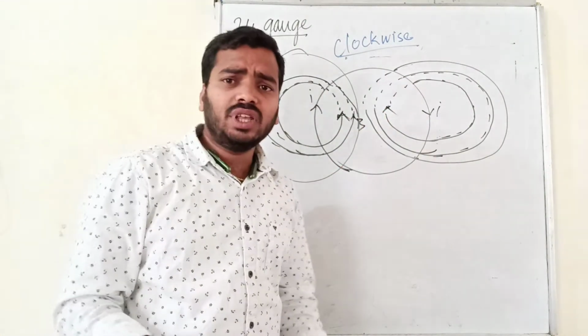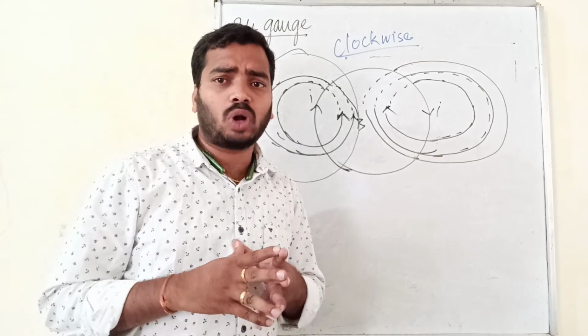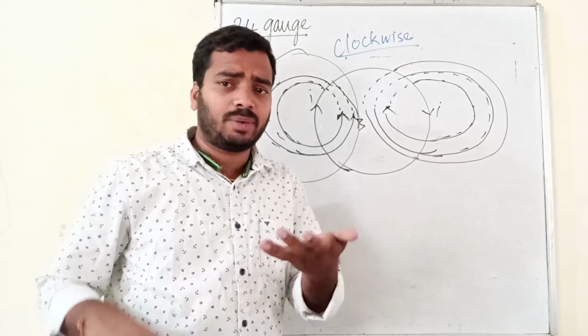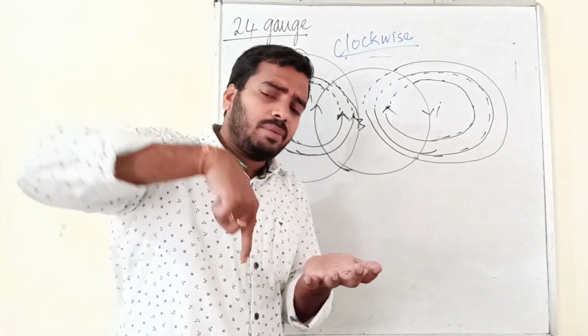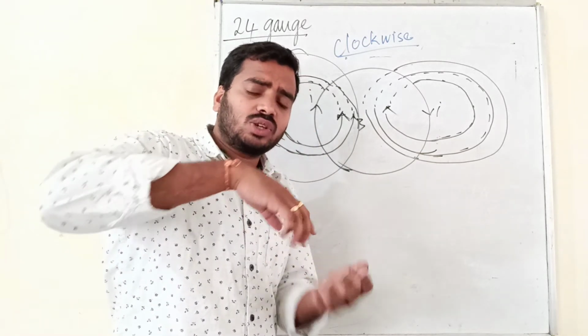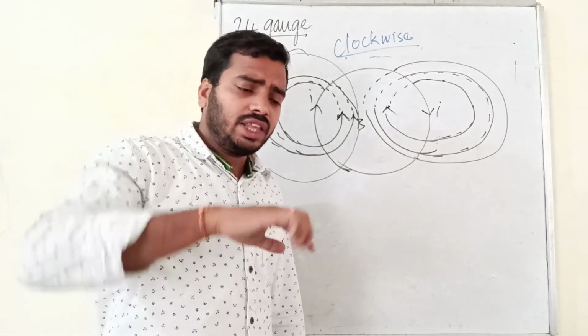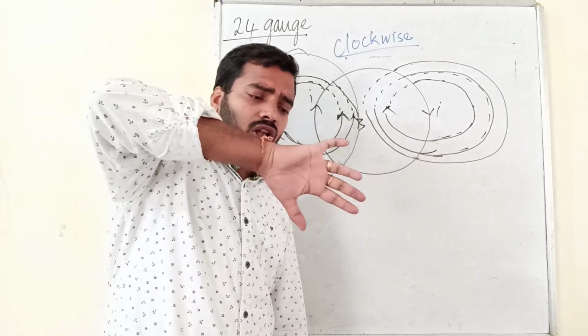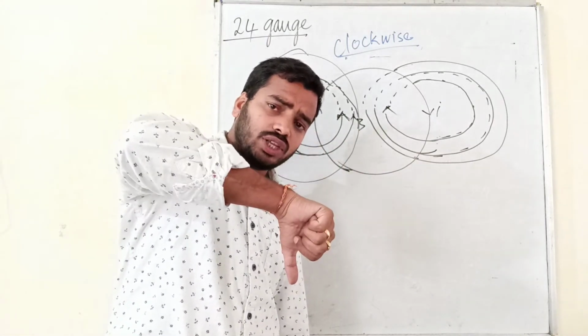Even in your textbook you can find this kind of problem. They may give a circular loop on your paper and ask, if the current is going in a clockwise direction like this, then you place your fingers in the clockwise direction and your thumb will show you that the magnetic field is going into the paper.